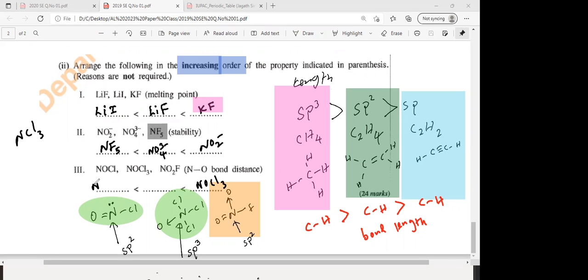Lowest will be NOCl, because in NOCl there's a lone pair. This one, NO2F, has no lone pairs, and the other one, NO2F, can undergo resonance also.